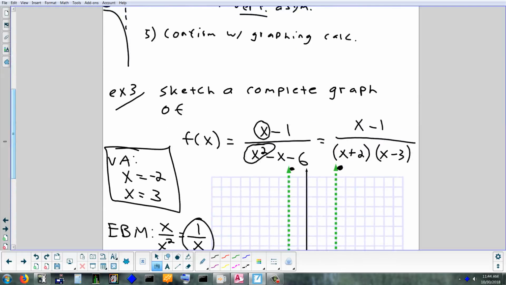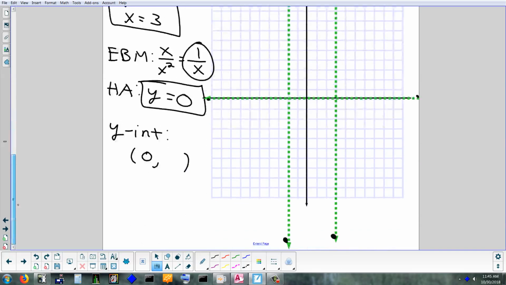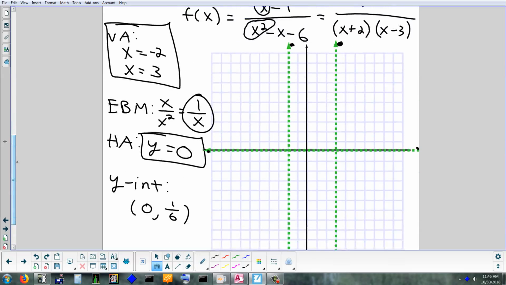If you plug 0 in the top, what do you get? -1. And if you plug 0 in the bottom, what do you get? -6. So your y-intercept is -1 over -6, or 1/6. So just a little above the origin, it crosses the y-axis.